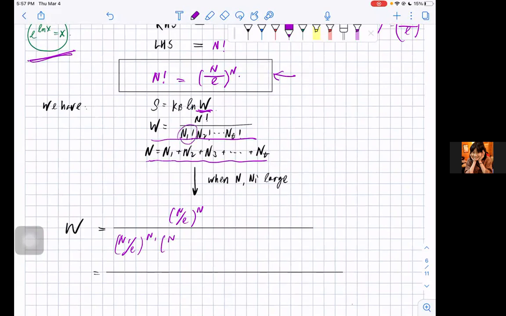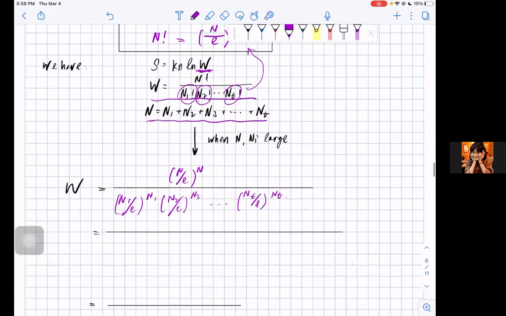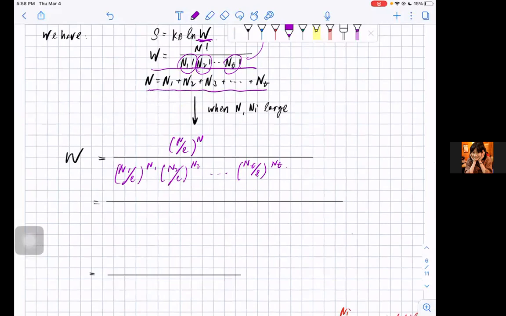Right, so each term will correspond to this equation. All right, let's separate the e's term and n's term.